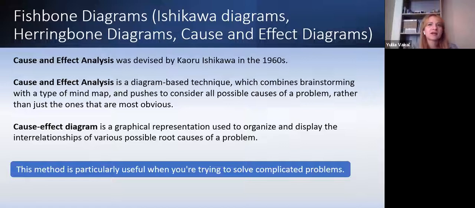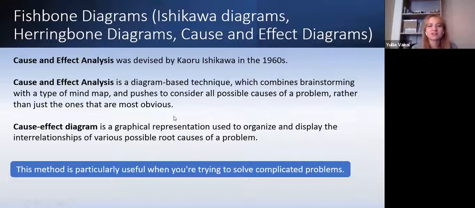This diagram is predicated on the idea that multiple factors can lead to the failure. And that's an important thing. The cause and effect diagram is a graphical representation of the interrelation of various possible root causes.